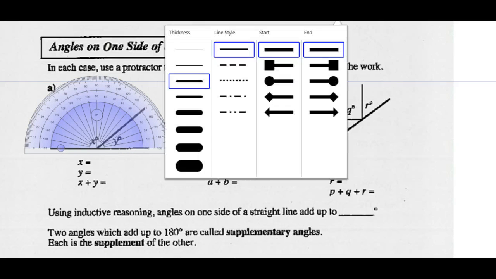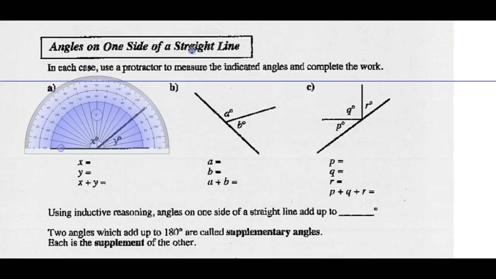So now it looks to me like angle X is from 0 all the way to 140. So angle X is 140 degrees, and angle Y is 0 to 40, so Y is 40 degrees. If you add those two up, we get 180 degrees.